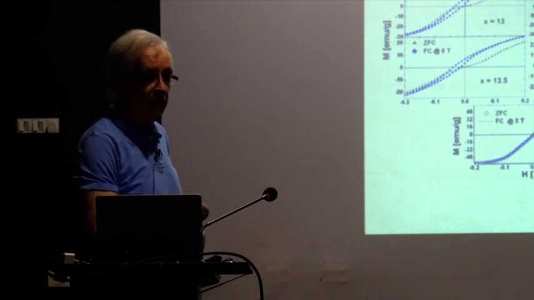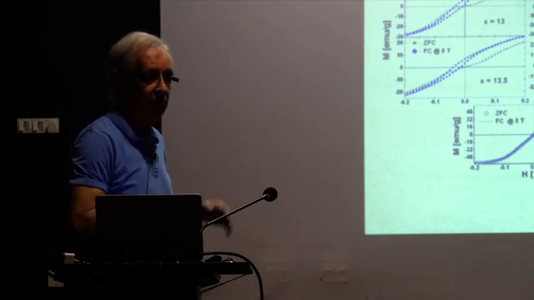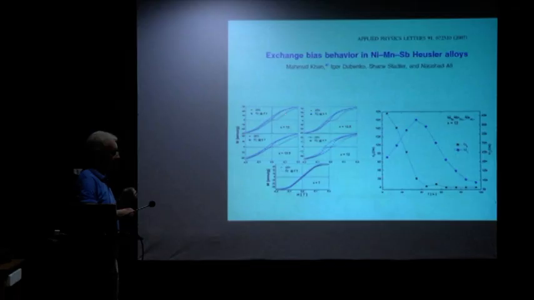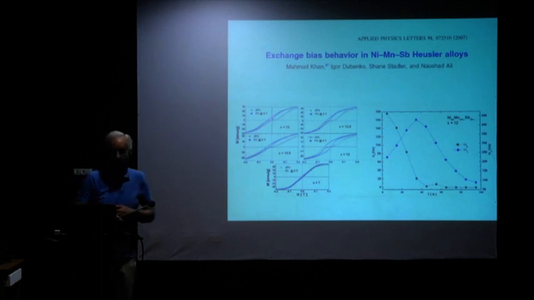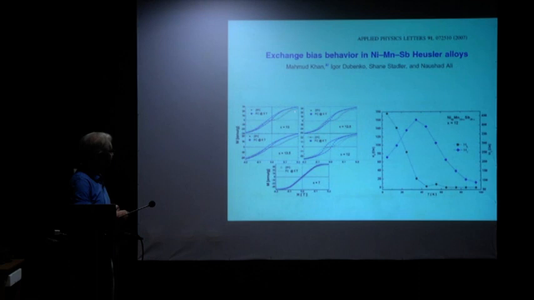It's only when you cool it in a field that your ferromagnetism is given a preferred direction, and so to switch the ferromagnetism from one direction to the other requires a larger field when you're decreasing the field than when you are increasing the field. And this is the case for many different compositions.